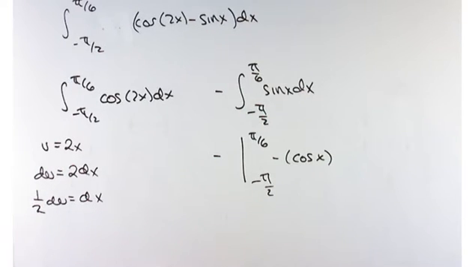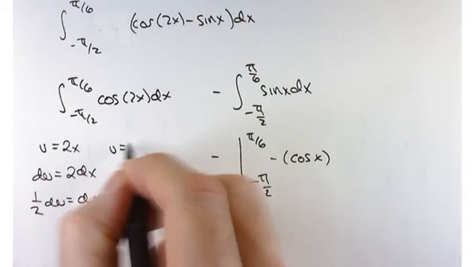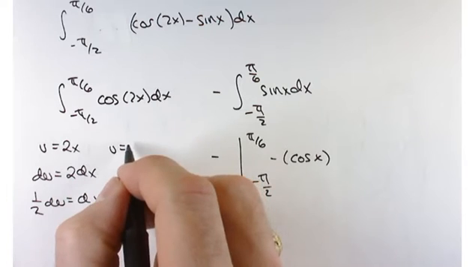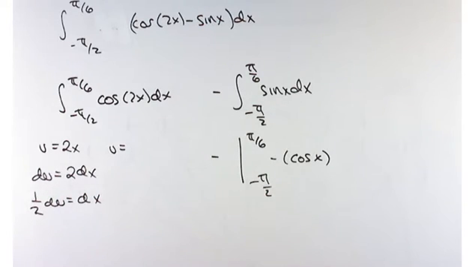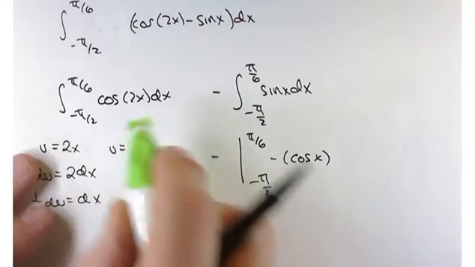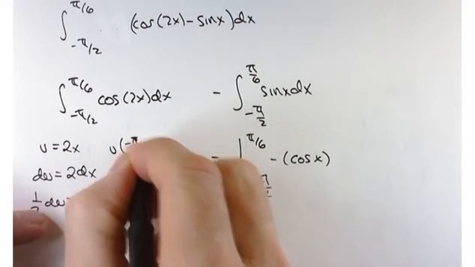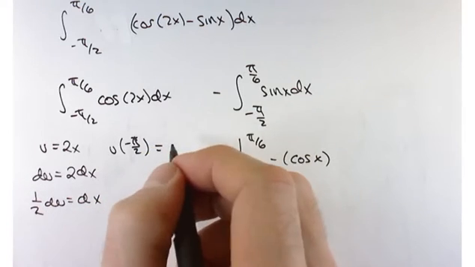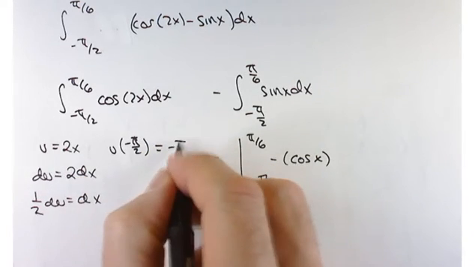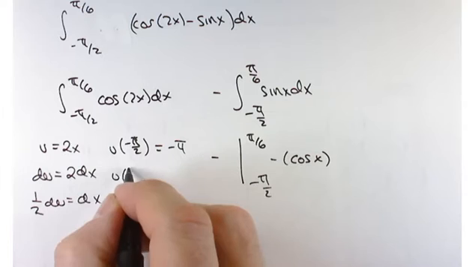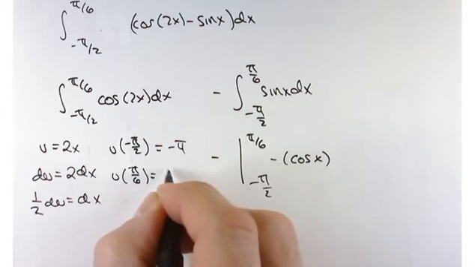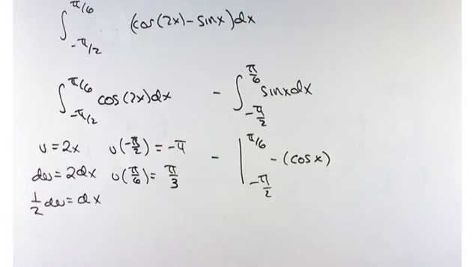If u equals 2x, then u of negative pi over 2, twice that, is going to be negative pi. U of pi over 6 is going to be pi over 3.